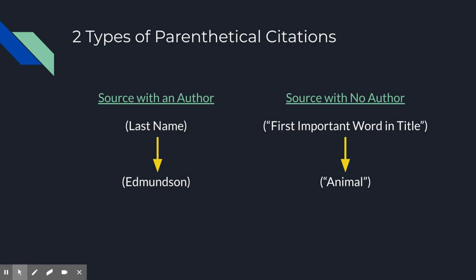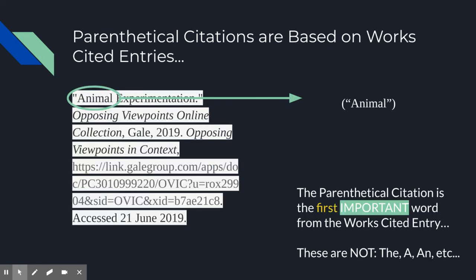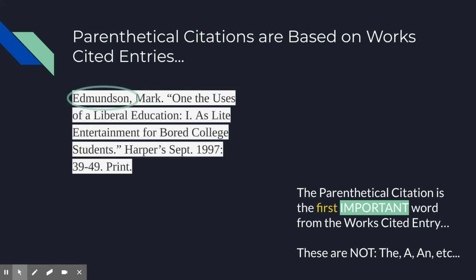You do that because in the works cited entry, it actually has quotation marks around it. So if I go back to that original one, look, it has quotation marks right there. That is why our citation actually has quotation marks, and the author does not.